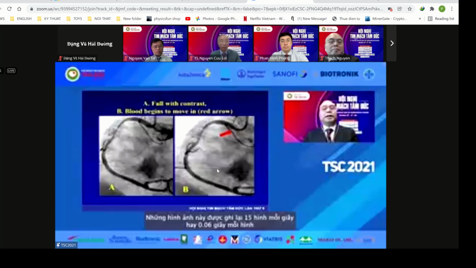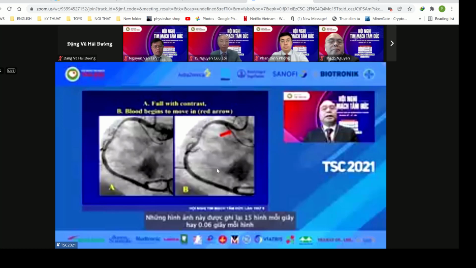In figure B, at the red arrow, we see the blood in white color moving in just at the ostium. Now we go to C. We see the blood in white moving further, and in D, in diastole, the flow runs very quickly and arrives at the mid-RCA where we see the lesion.